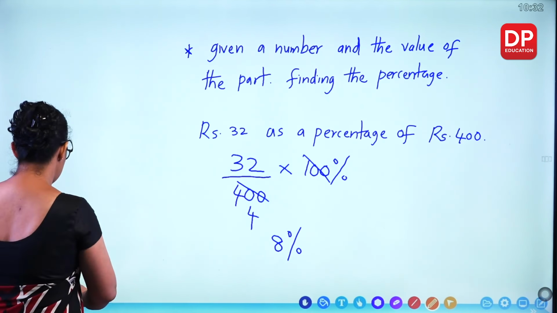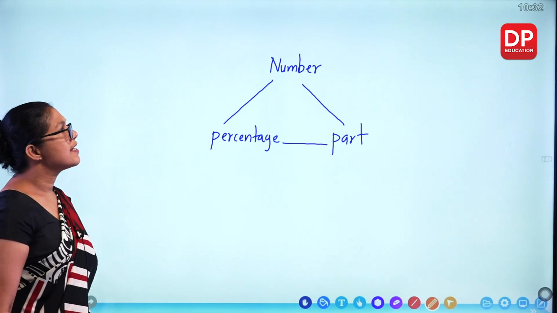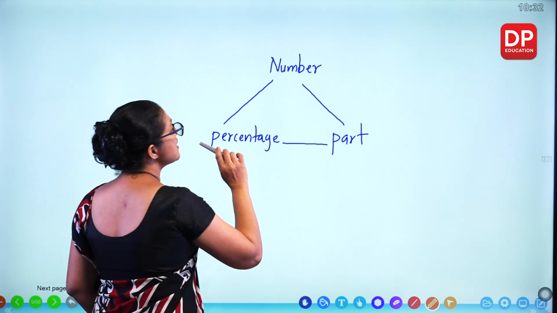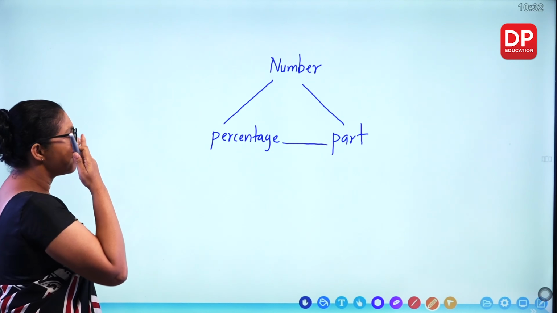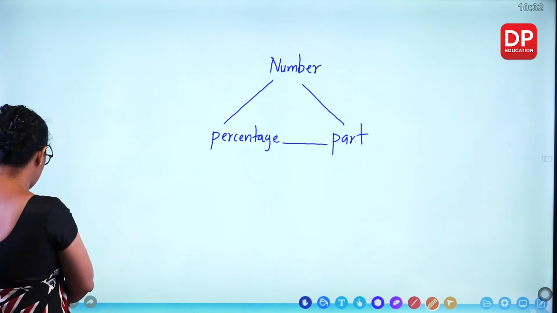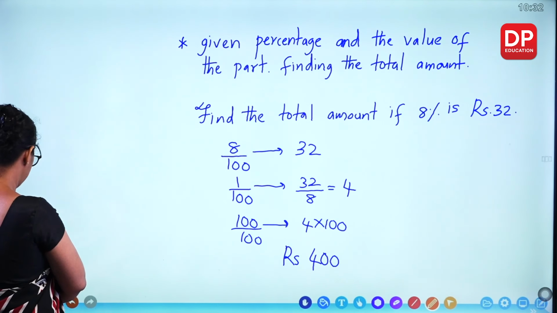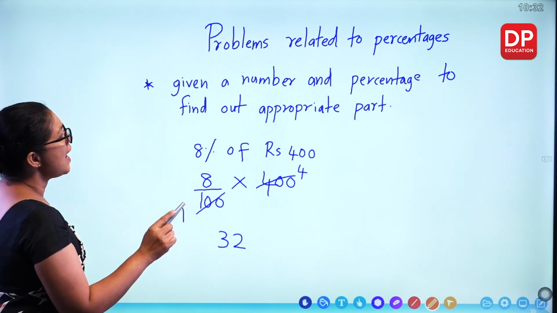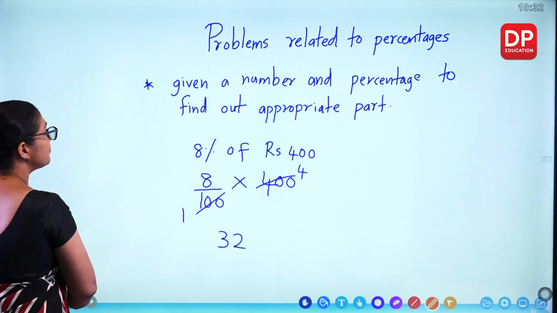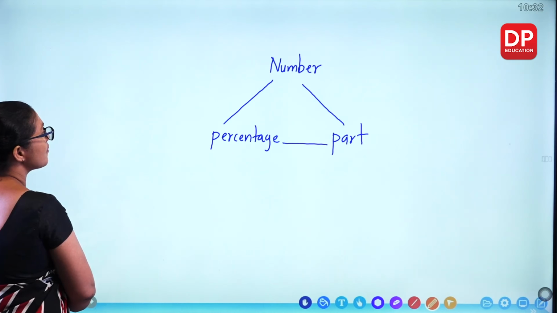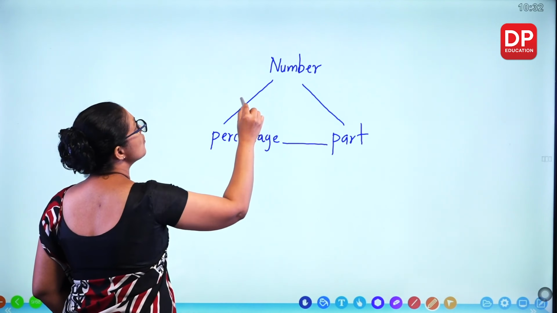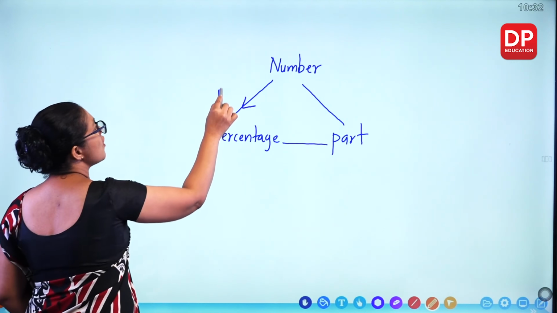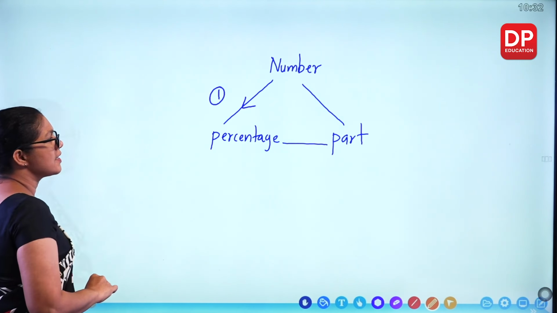Now we did 3 ways. First, the number is given and the percentage value is given. What's the first part? Given a number and the percentage, you found out 32. That's what we did in the first part.